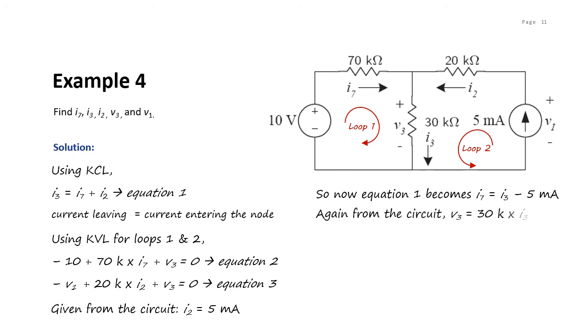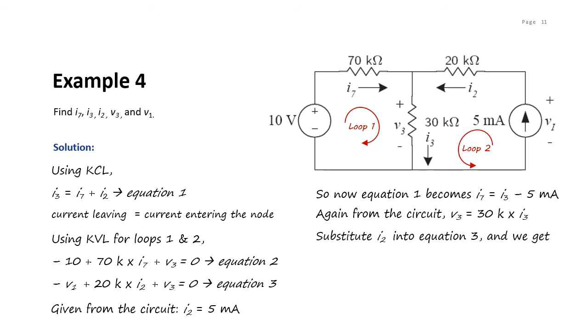Again, from the circuit, there is another piece of information at V3: there is a connection between the 30 kilo ohm resistor and the current flowing through it. So we have this equation, V equals IR, where V is V3, I is I3, and R is 30 kilo ohms. Now we have 4 equations.